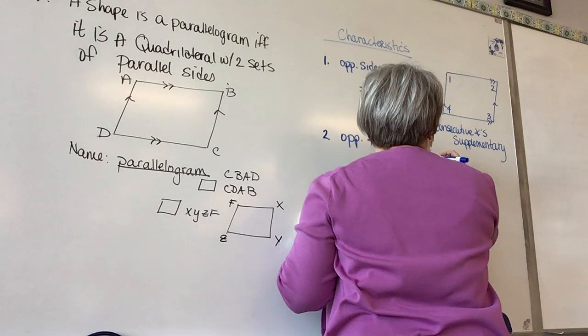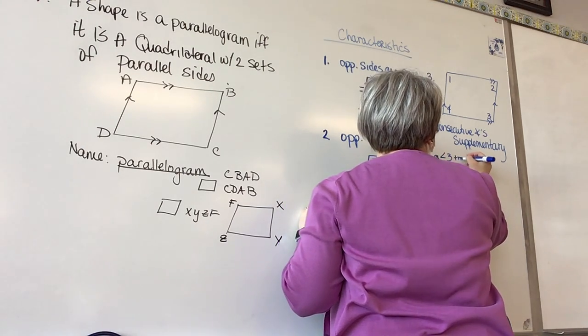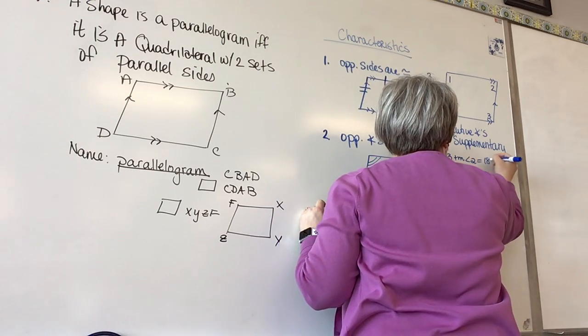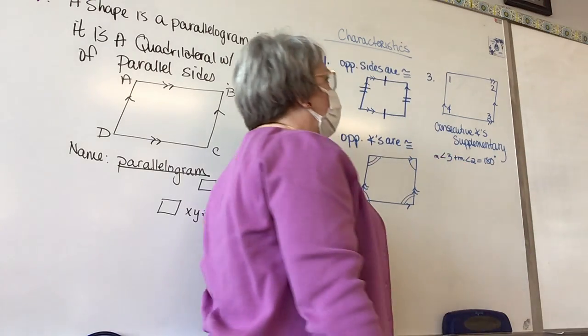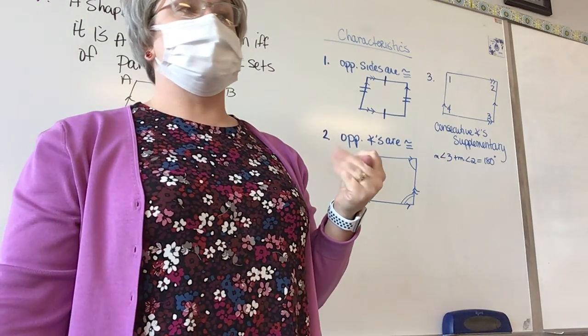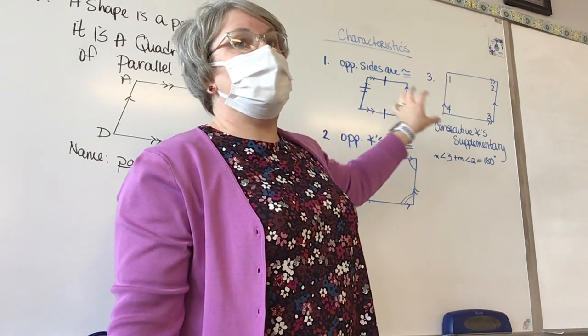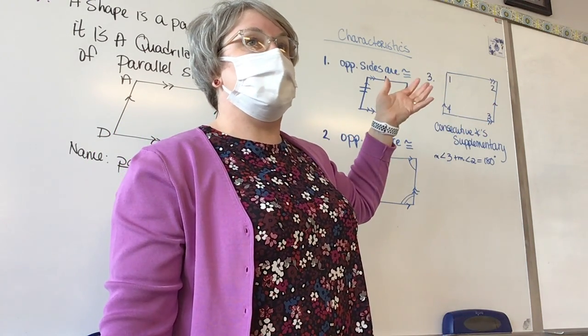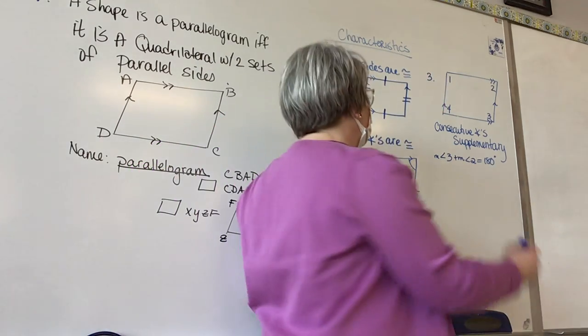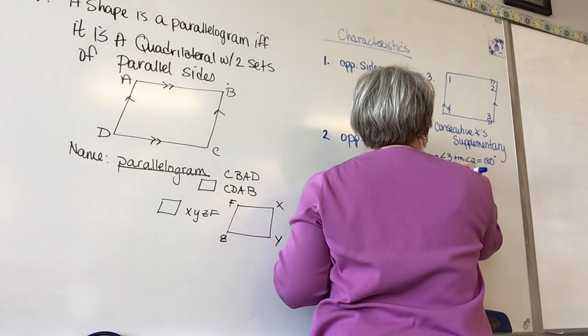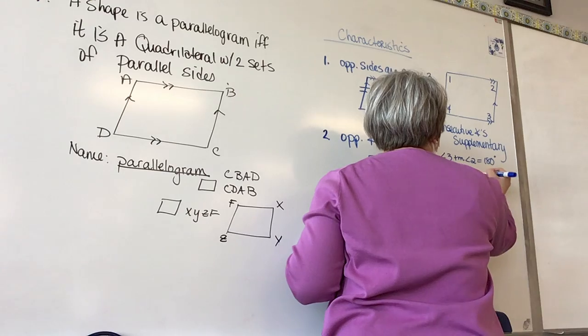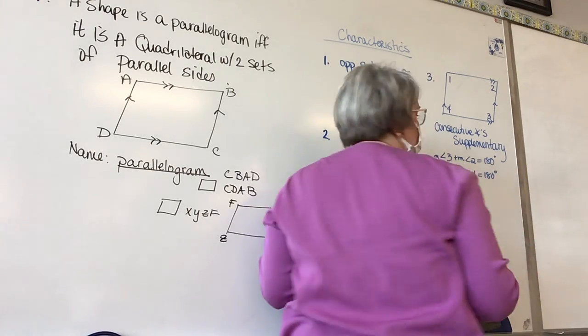So the measure of angle 3 plus the measure of angle 2 is 180, because we know that supplementary means 180. But if we're at 3, go consecutive the other way, and who's its neighbor? 4. So the measure of angle 3 plus the measure of angle 4 is equal to 180.